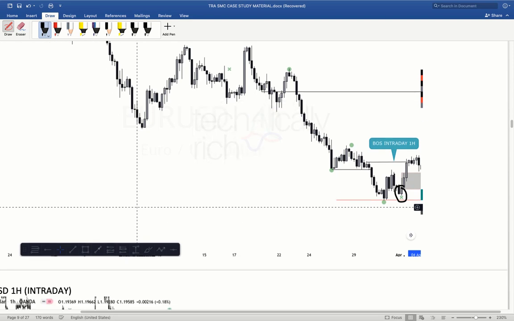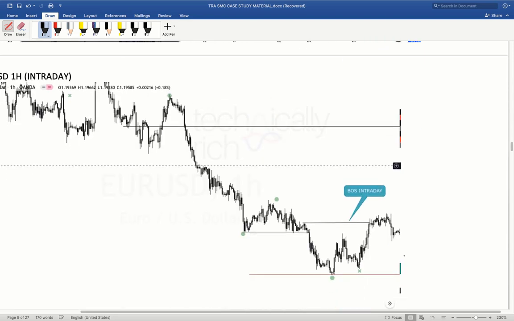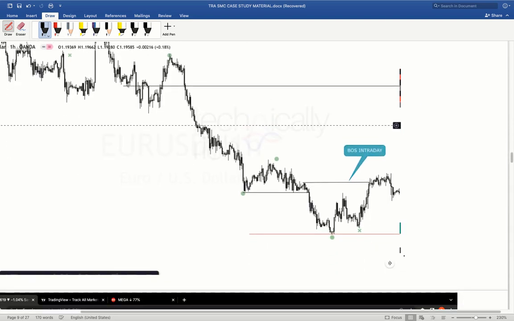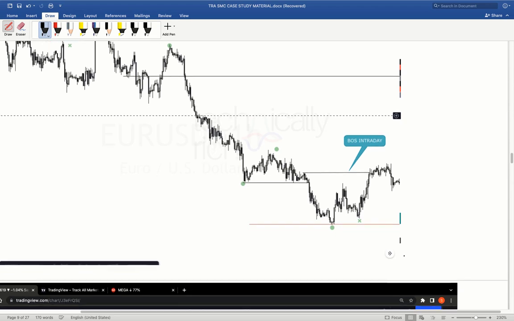So let's see what we're having on the 1 hour time frame. If you look closely, we're having the same thing: the high here, a low, and then this low. But look at this. This was the previous lower low. Put your horizontal line here.